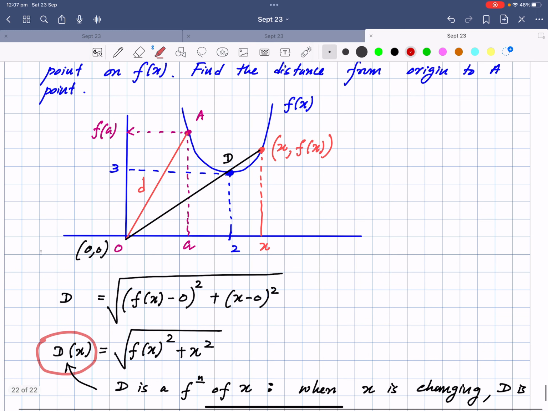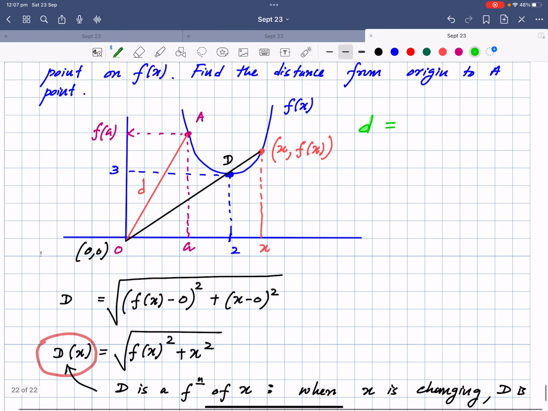Now, in this question, you have to calculate simple d. Simple d you can easily calculate, because it's a precise point.